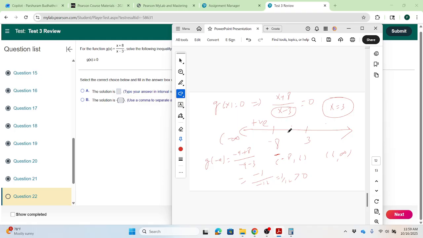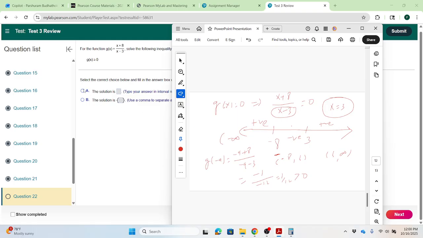Here pick 0, that would be negative because if you put x equal to 0 in the function, it will be 8 over negative 3, which is negative. Pick something greater than 3, let's say 4, then it will be positive. So our goal is to find out where this function is positive and 0. So it's positive here, 0 at negative 8, and then positive here.